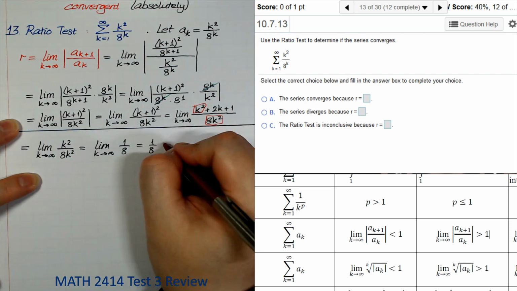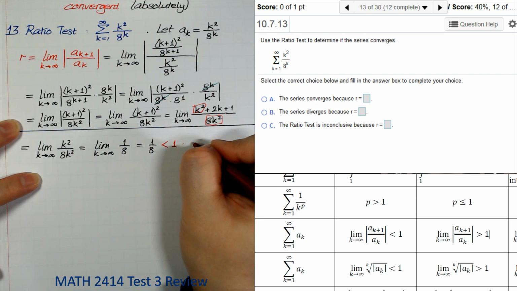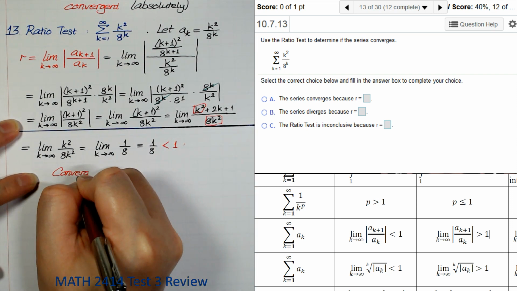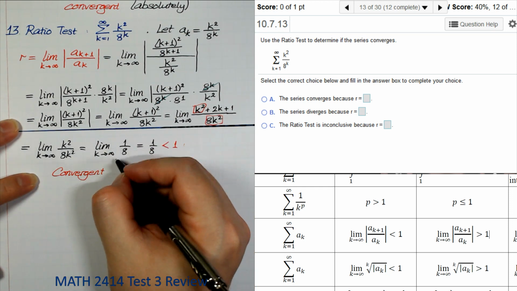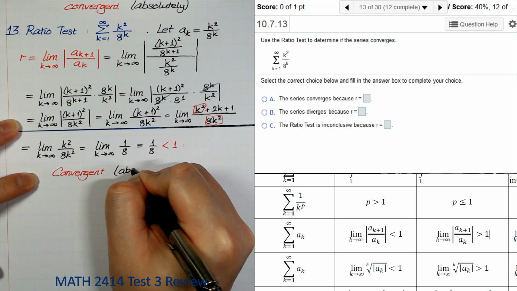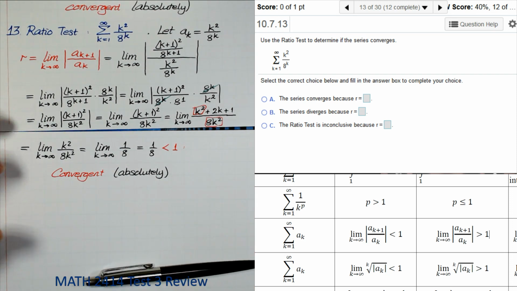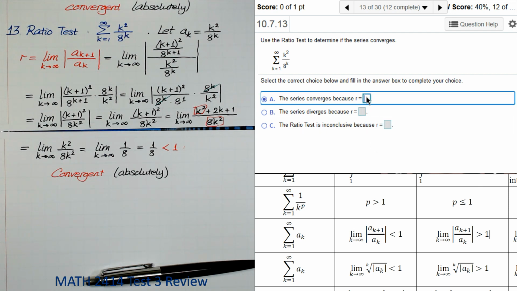And 1 over 8 is less than 1, so by the ratio test this is convergent absolutely, because the ratio is equal to 1 over 8.